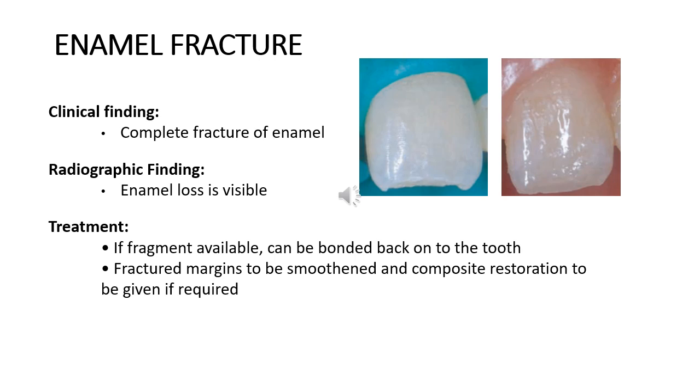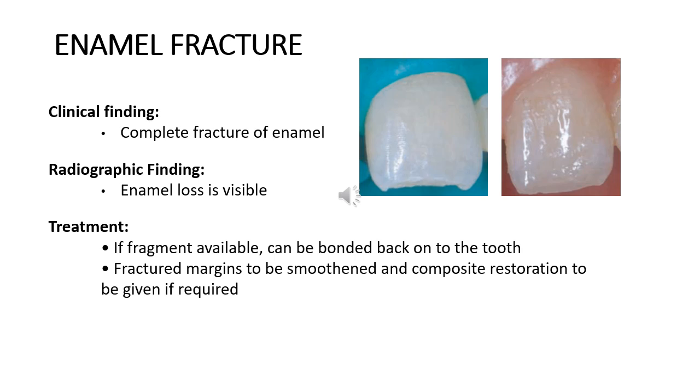Coming to treatment, the chipped enamel might make the tooth rough and it may become an aesthetic problem for the patient. So, the treatment involves smoothing the rough margins to prevent laceration of soft tissue. If the enamel fracture is too extensive, then we can recontour the roughened margins followed by composite restoration.